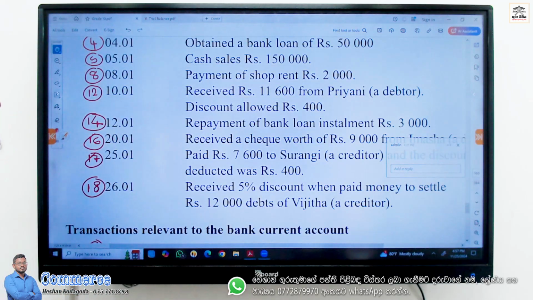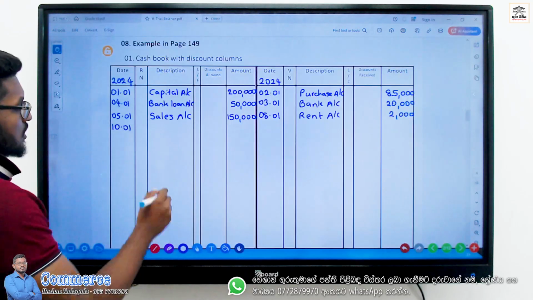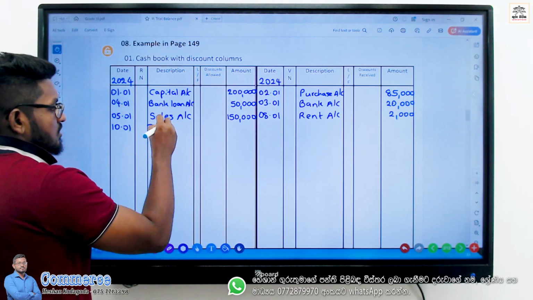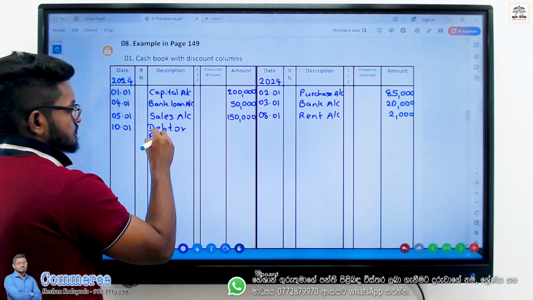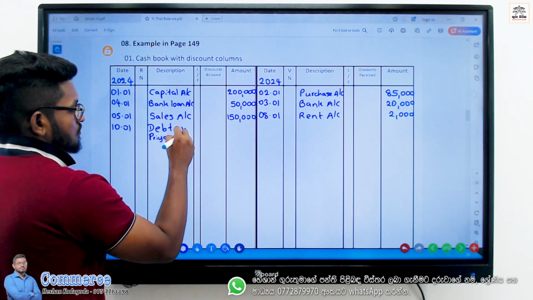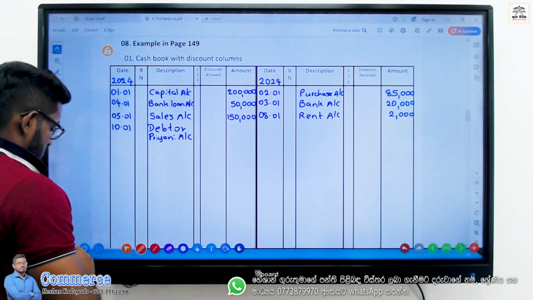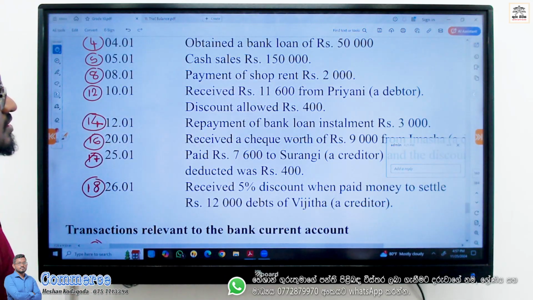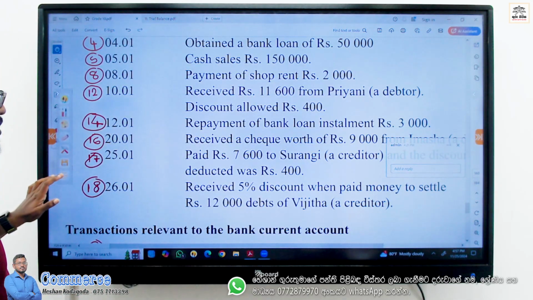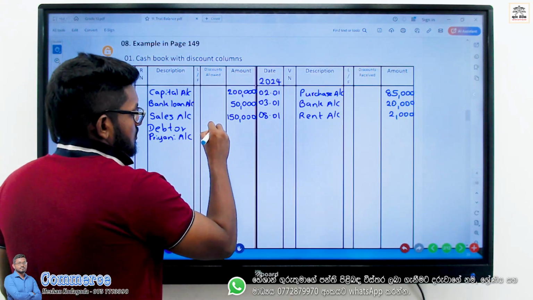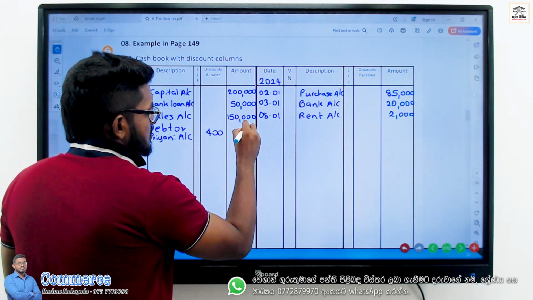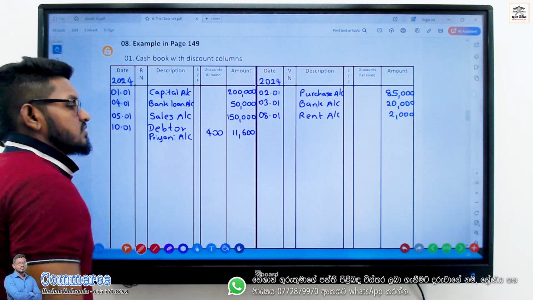From whom? From debtor Priyani. So let's write it as debtor Priyani account, right? 400 is the discount allowed amount, and 16,600 is the received amount.